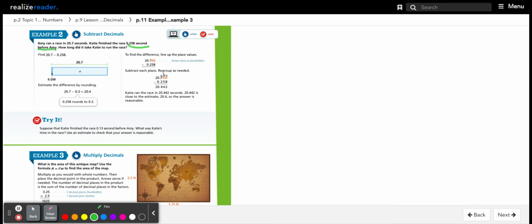seconds before Amy. So we're going to have Amy's time minus that 0.258, and that's going to give us Katie's time. Because Katie was faster.